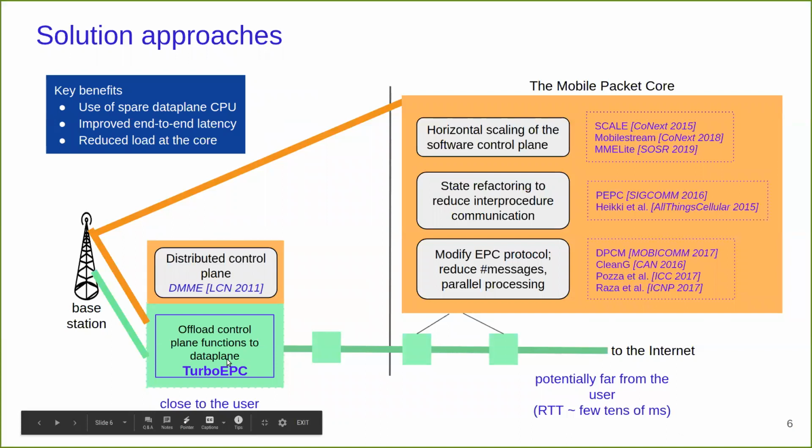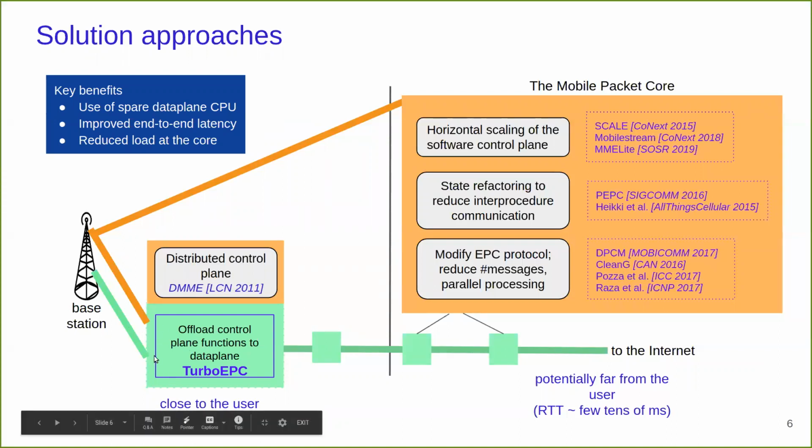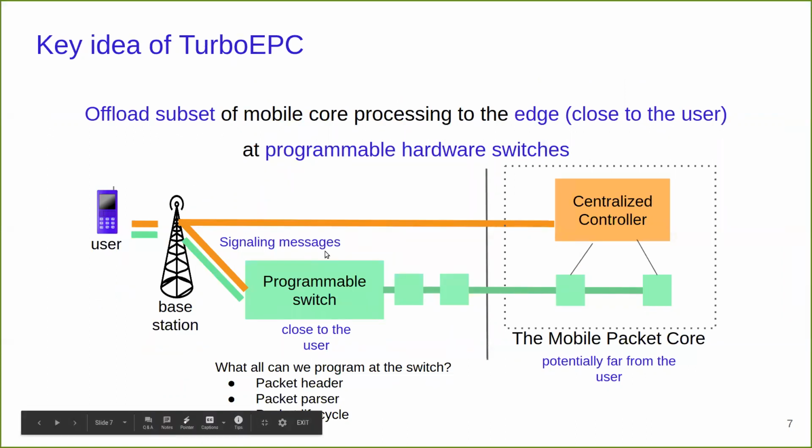The load is reduced at the core network, and the end-to-end latency reduces significantly as the control packets are processed at the switch hardware close to the user. Our key idea is to offload a subset of mobile core processing to the edge at the programmable hardware switches. The programmable switch hardware allows a programmer to specify the packet header formats, the packet parsing algorithm, and the life cycle of any packet.